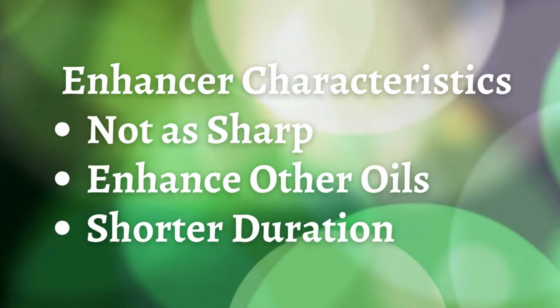Now, the blend enhancers can slightly modify a blend without overpowering it. And they have a very strong, pleasant scent. And these can be used up to 50 to 80% of the blend. And these oils you might find come from the flowers, from the fruits.